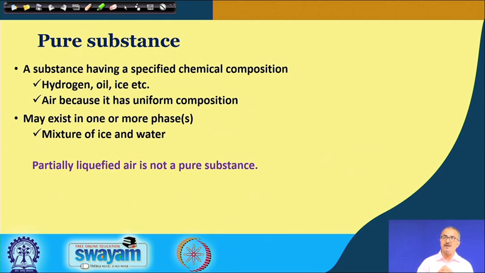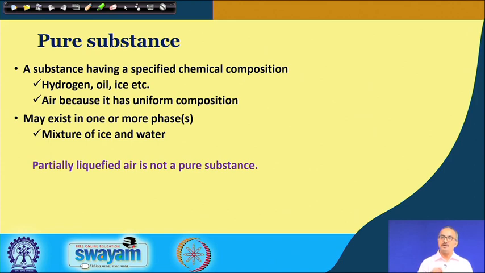In case of air, as you know, air is mainly nitrogen and oxygen, and nitrogen has a lower boiling point than oxygen. So, nitrogen has a tendency to stay in the vapor phase, whereas oxygen has a tendency to go to the liquid phase.